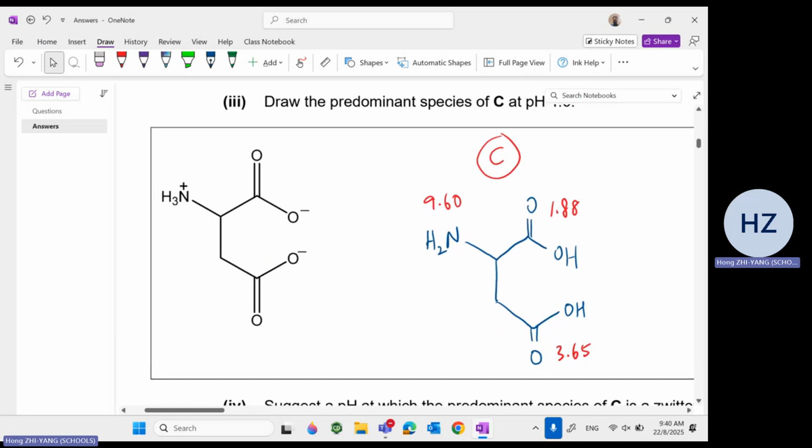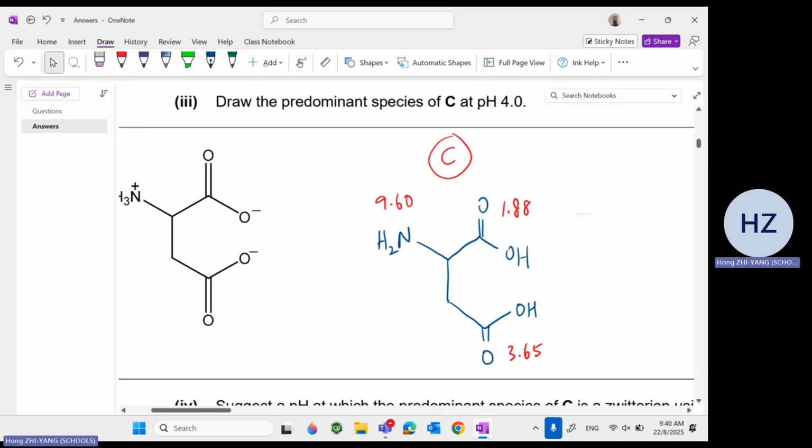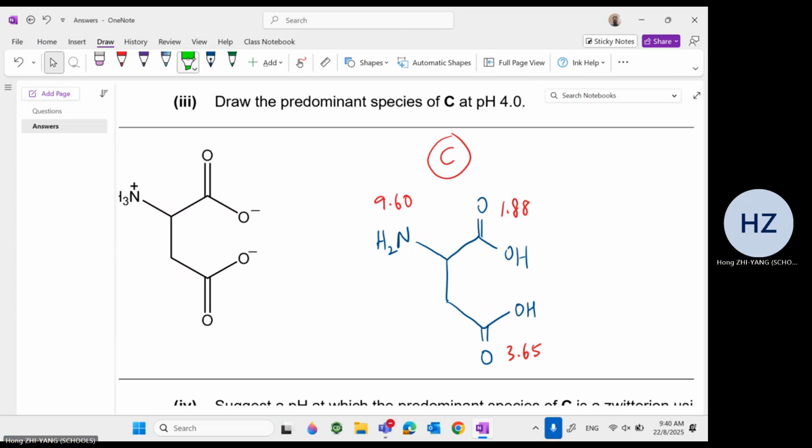So you need to look at the pKa values and see whether the environment surrounding it is alkaline or acidic to it. Basically, compare the pH. For example, the environment now is pH 4, but this carboxylic acid is 1.88. So that means, with respect to the environment, this carboxylic acid will get deprotonated.